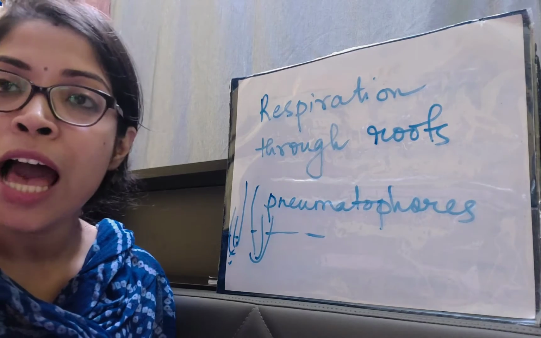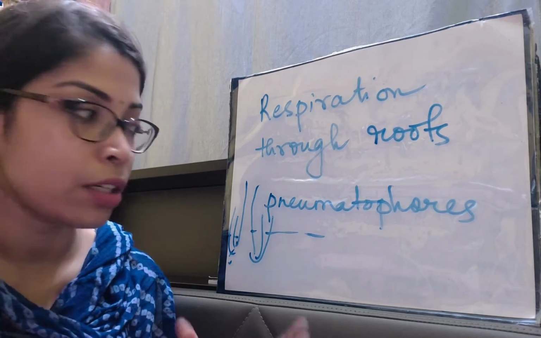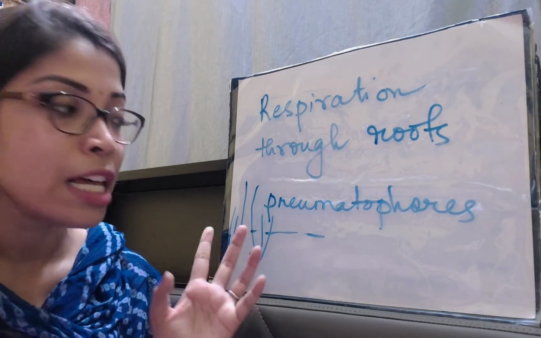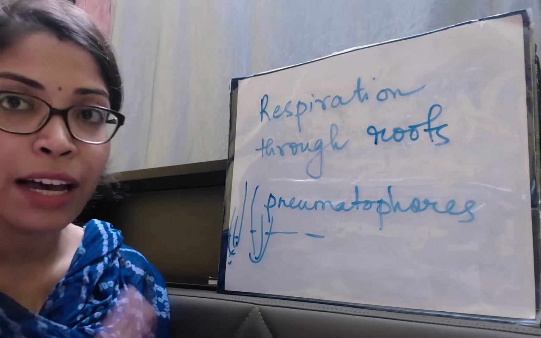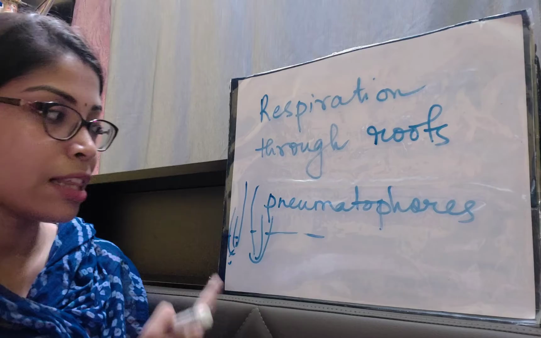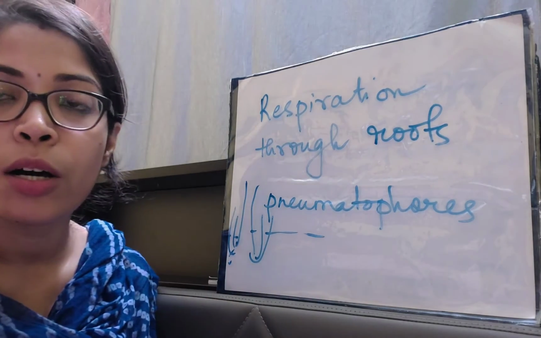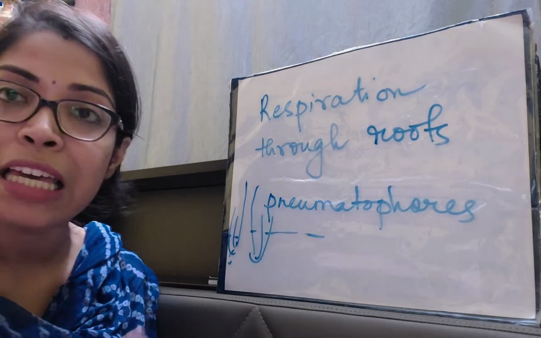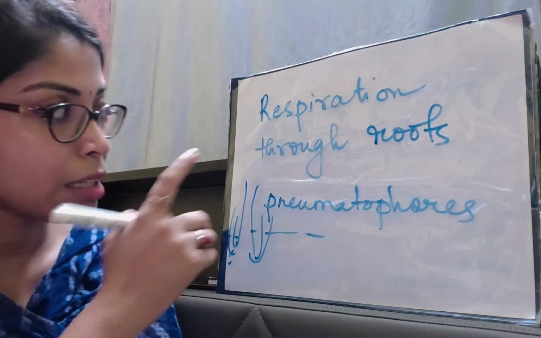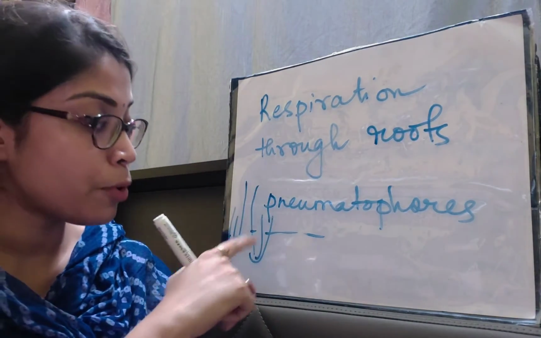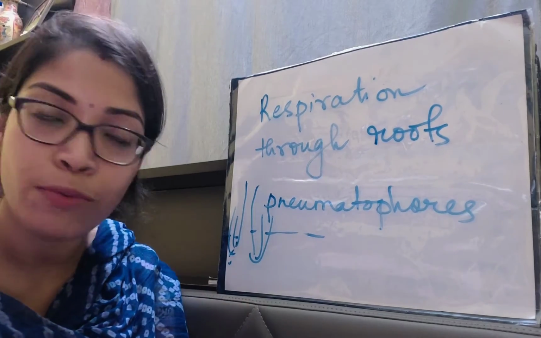Since they cannot absorb the oxygen of the water, because this salty water does not have enough oxygen, the roots have modified themselves in this kind of situation and have gone above the water surface to take in the atmospheric oxygen. These breathing roots are known as pneumatophores.